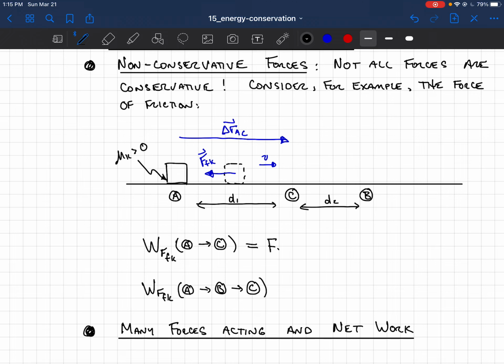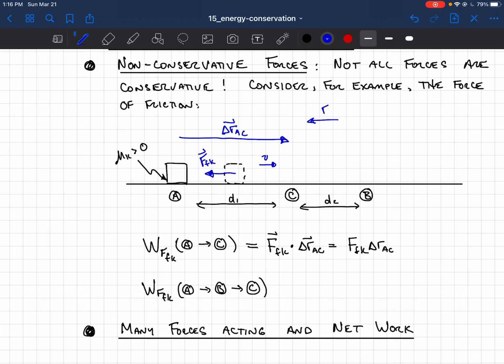Well, it's going to be the frictional force dotted together with the displacement. And what is that? Well, it's going to be the magnitude of the frictional force times the magnitude of the displacement times cosine of the angle between them.